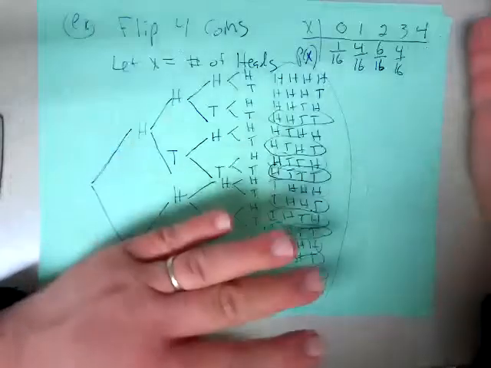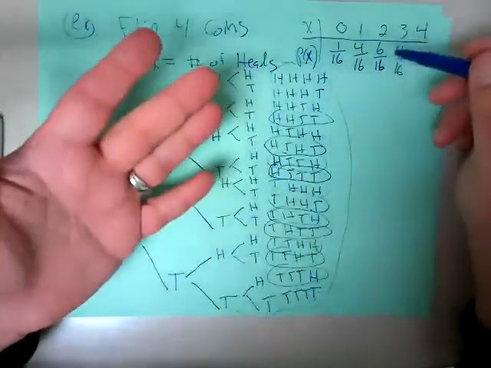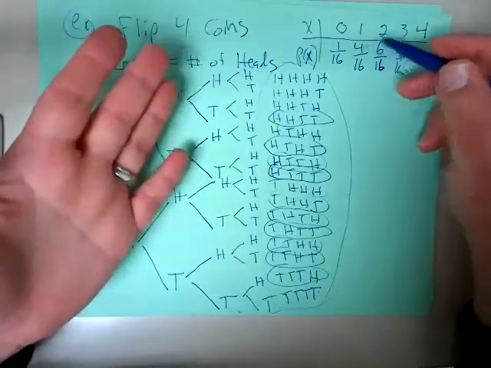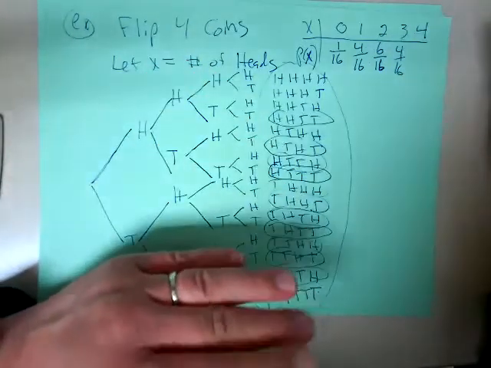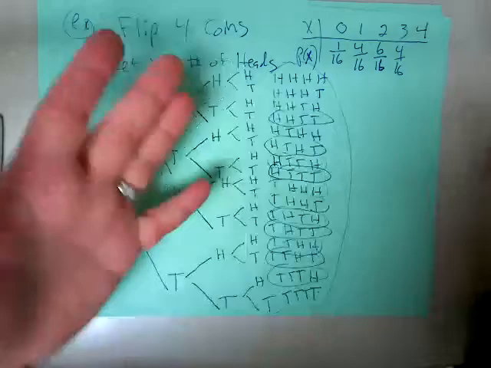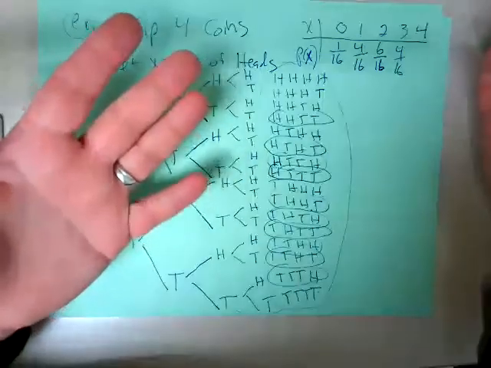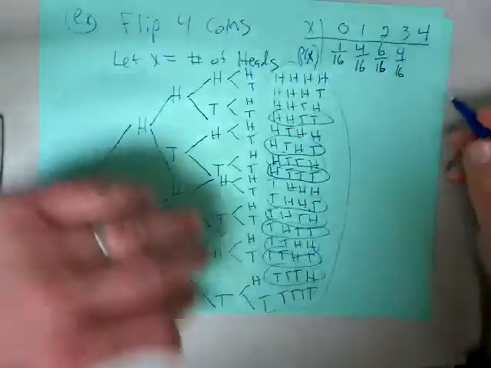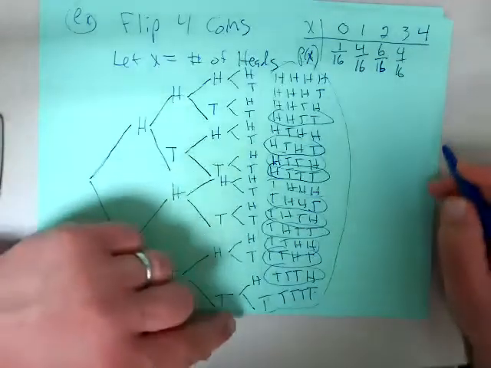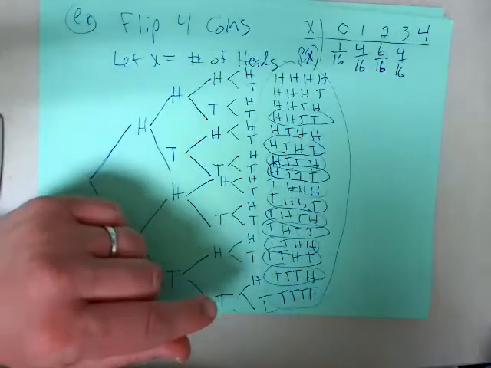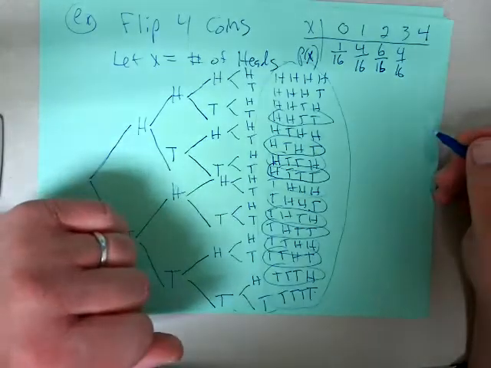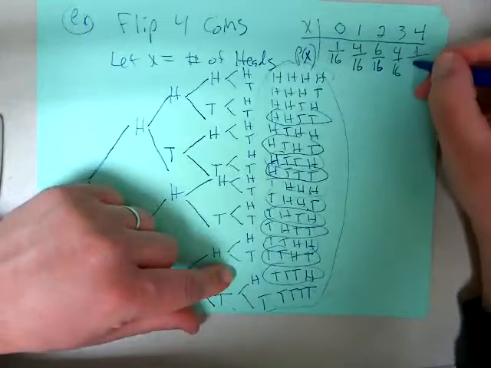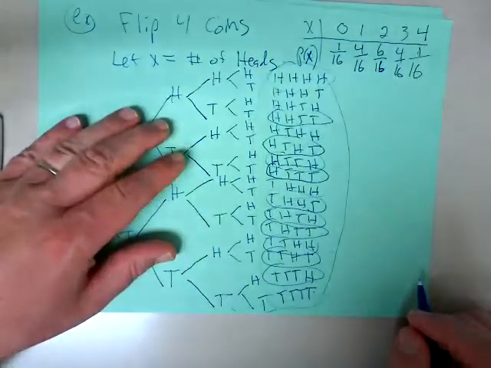Because you've got head and tail, so getting 1 head and 3 tails is kind of the same as getting 3 heads and 1 tail. It doesn't matter what you call them. I don't want to make it too confusing there, though. But this is going to be symmetrical because the coin, head, tail, 50-50, is all symmetrical. And then 4 heads would be this one right up here. So there's 1 out of 16.